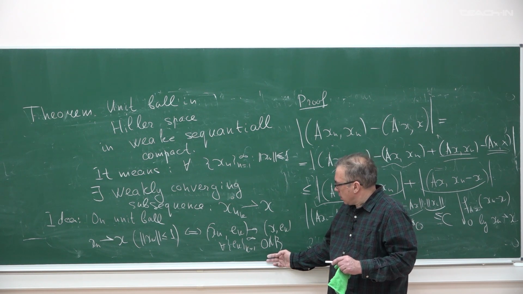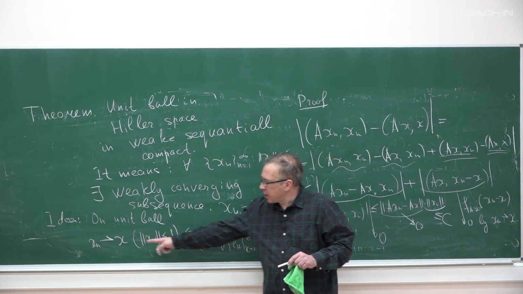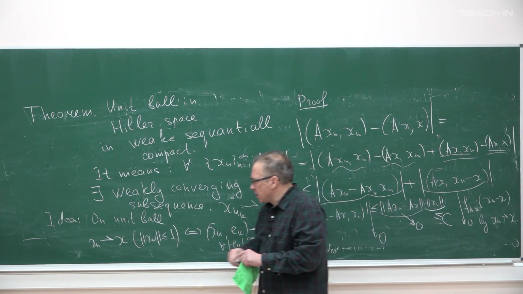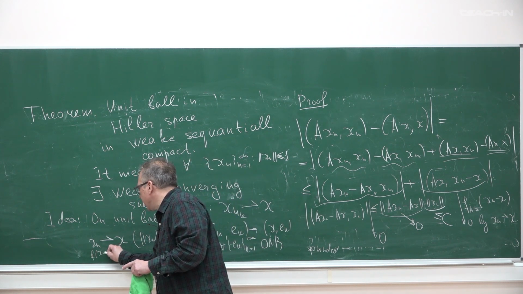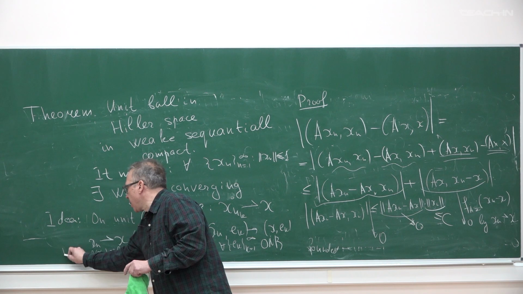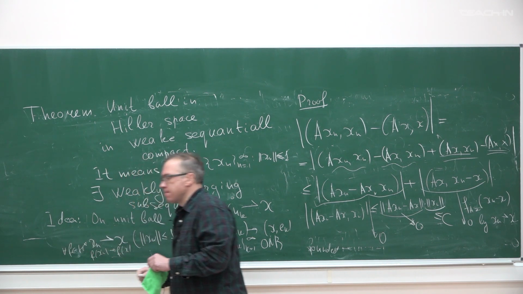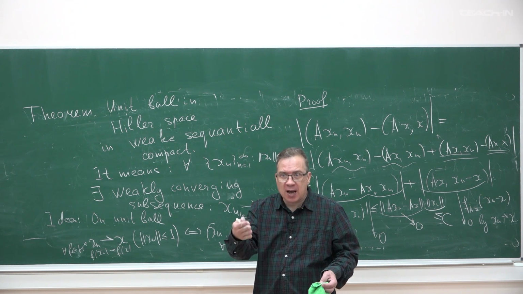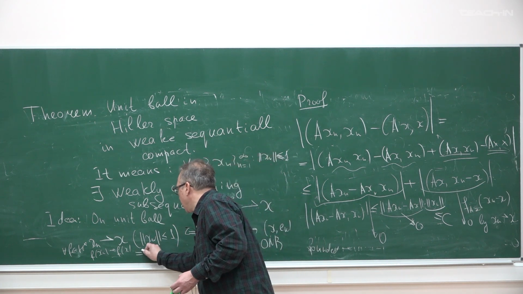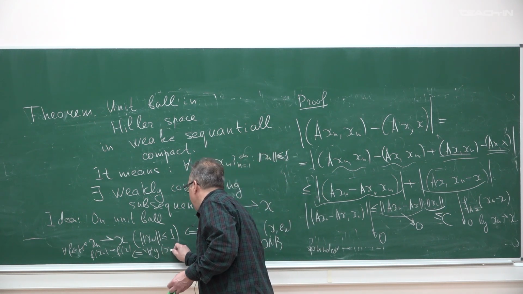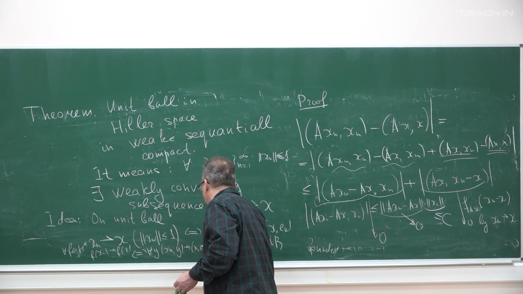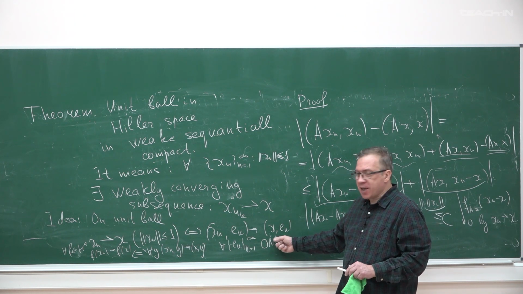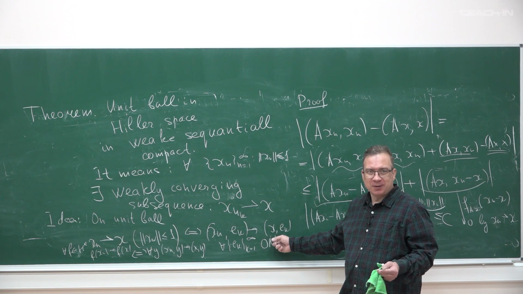On the unit ball, is it clear that from this you immediately obtain this? Because what does weak convergence mean? It means that for any functional f from H*. But how can you describe all functionals? All functionals in Hilbert space are scalar products: for any y, x goes to (x, y). If it holds for any y, so just for ek, for basis vectors too.